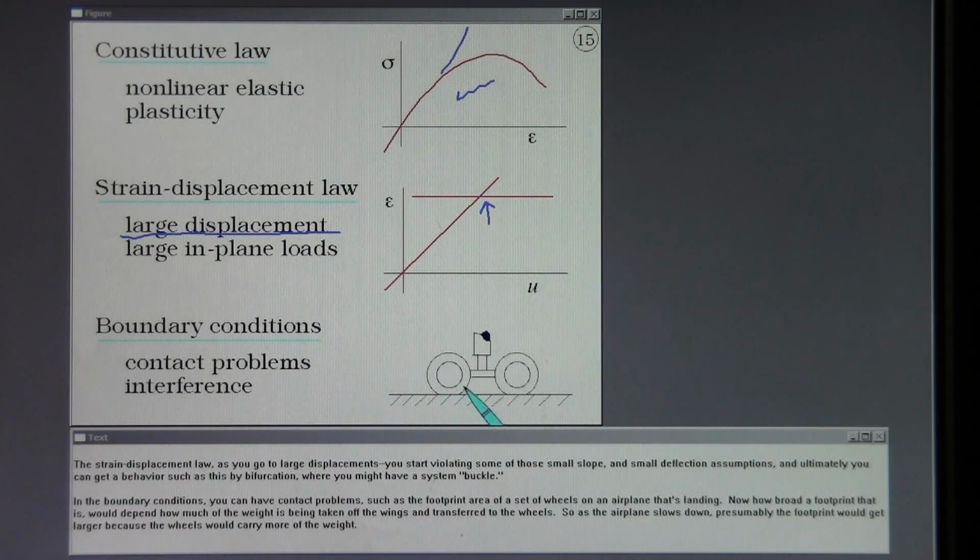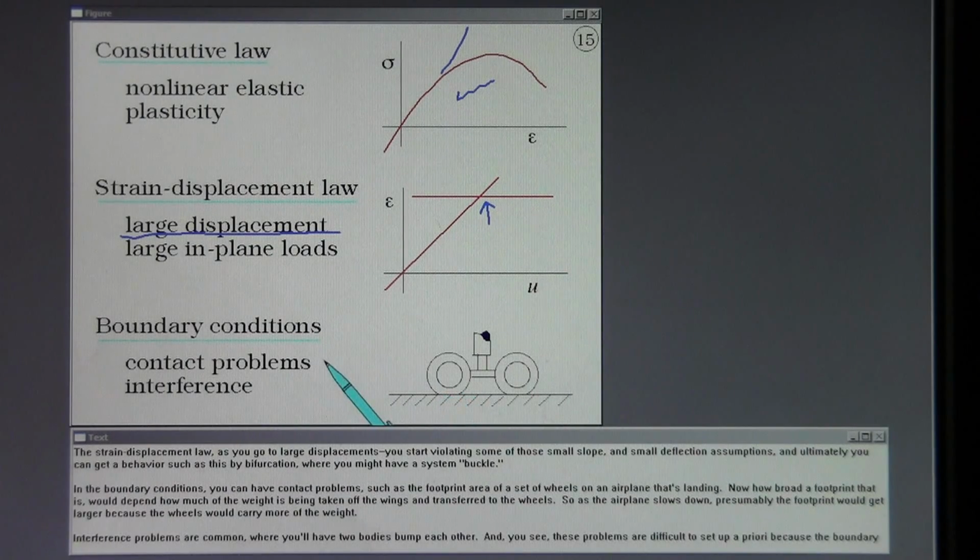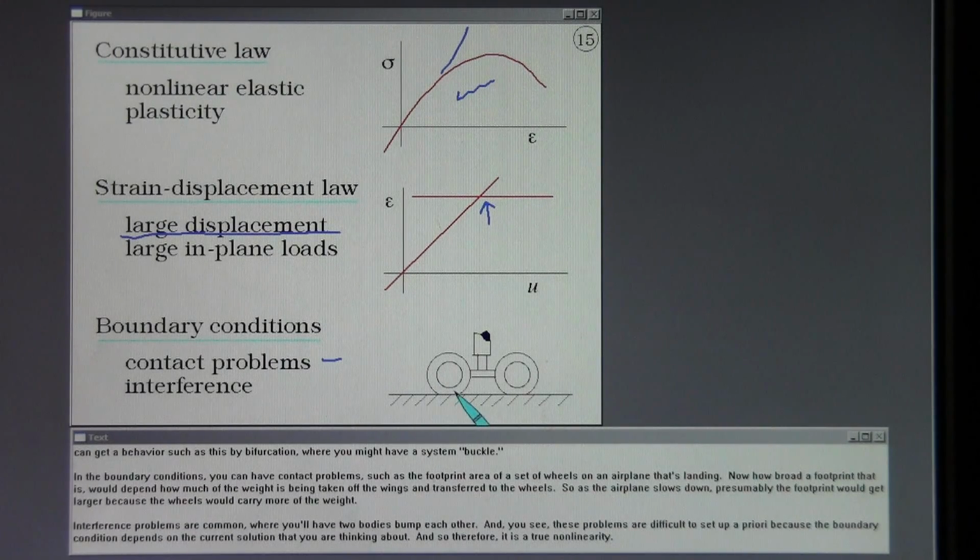In the boundary conditions, you can have contact problems, such as the footprint area of a set of wheels on an airplane that's landing. Now, how broad a footprint that is would depend how much of the weight is being taken off the wings and transferred to the wheels.